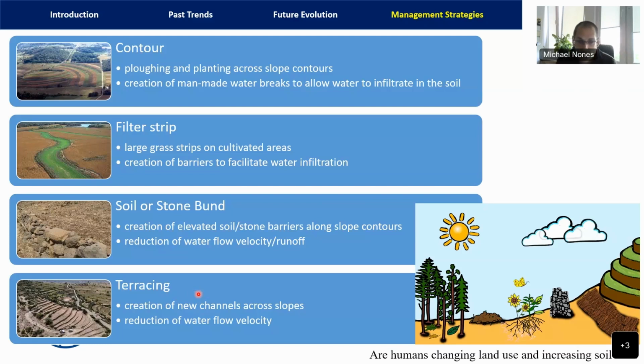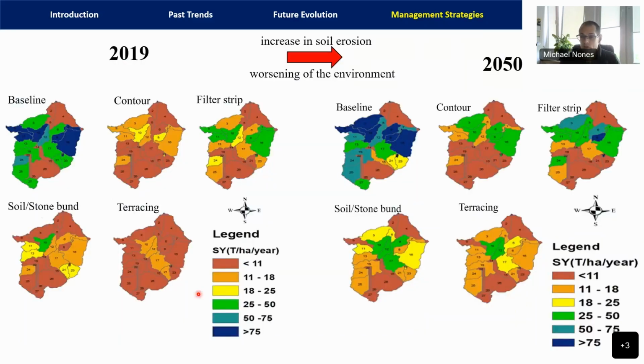Also in this case, we can implement those methods in numerical models and obtain some results, which are summarized here. In this case, we investigated the impact of those management practices at the sub-watershed scale. So the idea was to divide the entire Fincha watershed into small sub-watersheds and then see what happens at the local scale.